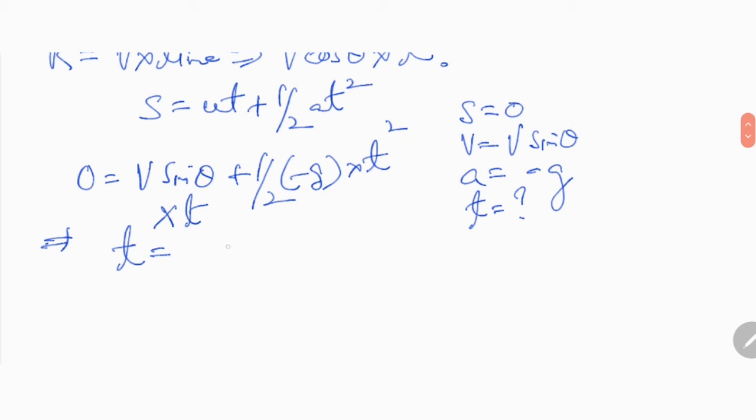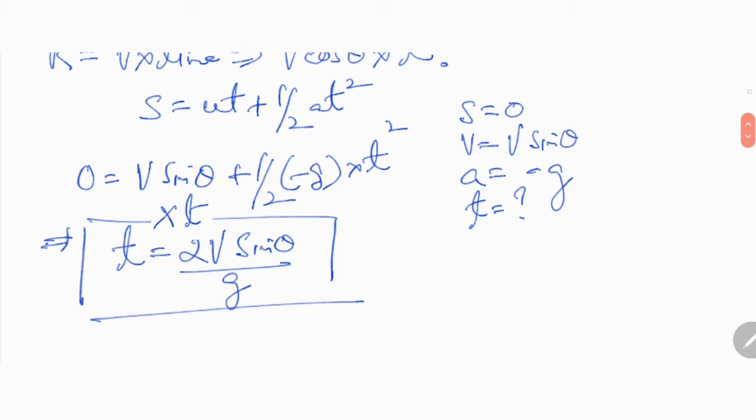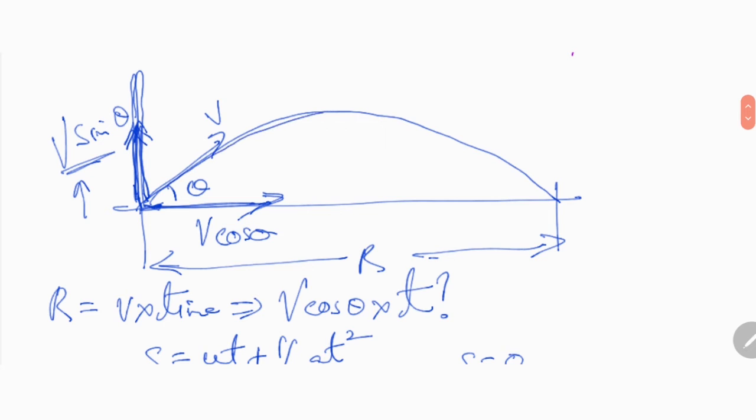Our t will be equal to 2v sine theta by g. Clear enough? So we have just found out the total time for the ball to take this path and reach the ground back.